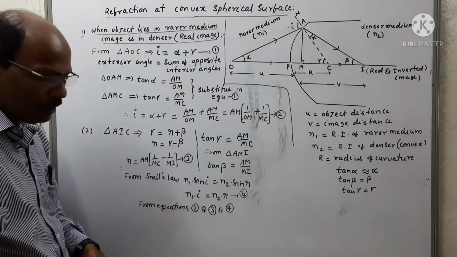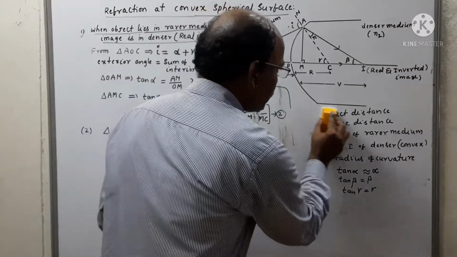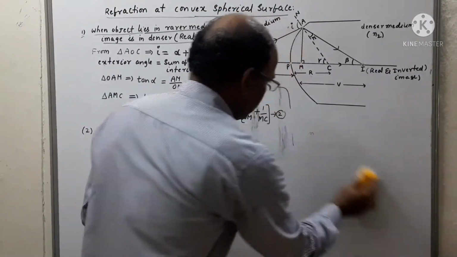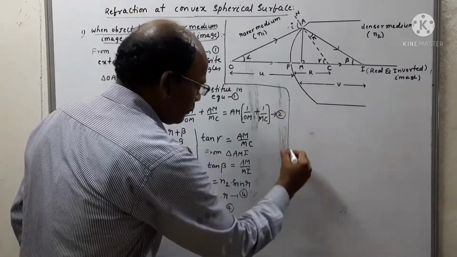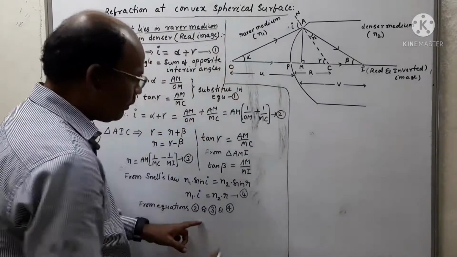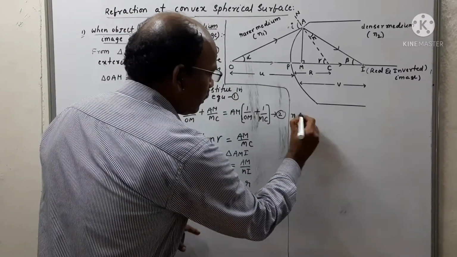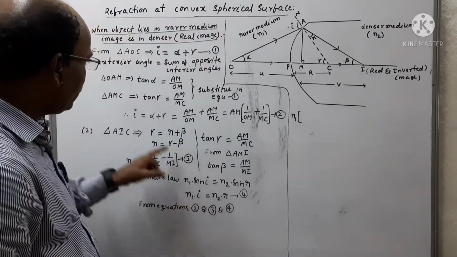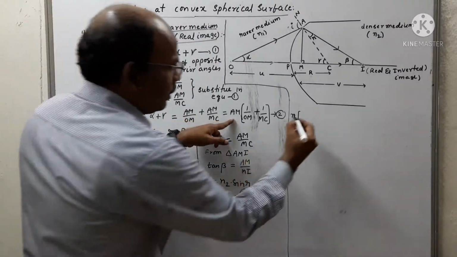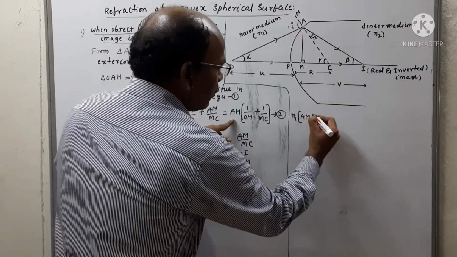Substitute the value of N1. So we can write here N1 multiply I. I means from equation 2, that is, we can take AM common.